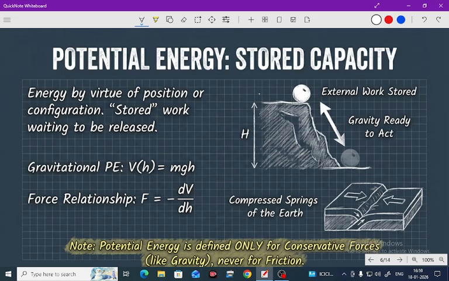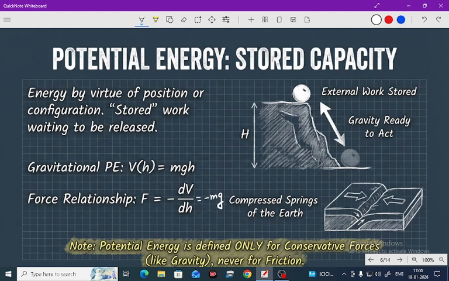Potential energy is the stored capacity. Energy by virtue of position or configuration is stored work waiting to be released. Gravitational potential energy V is equal to mgh, and the force relationship is minus dV by dh, so dV by dh is equal to minus mg. You can see here dV by dh is equal to minus mg.